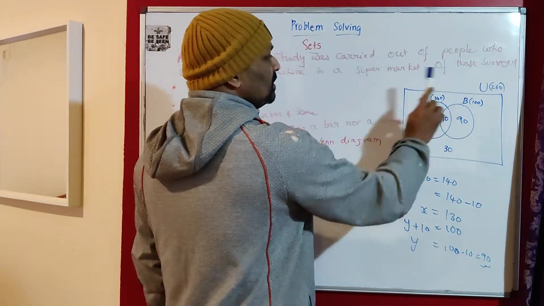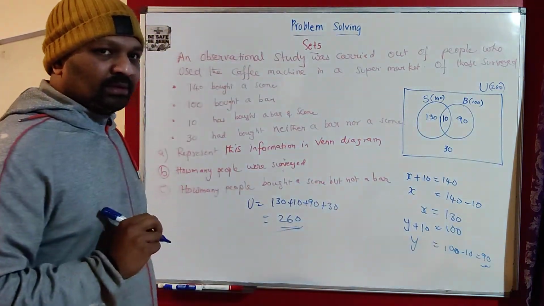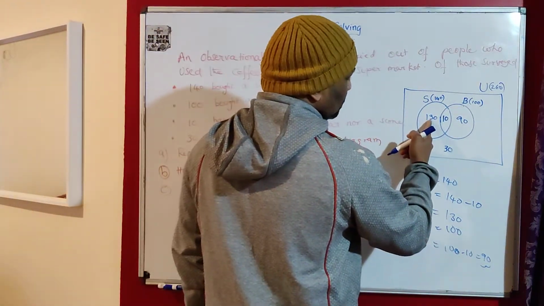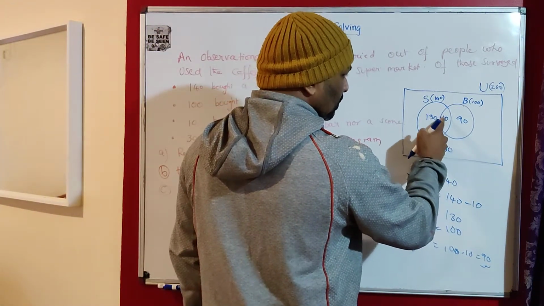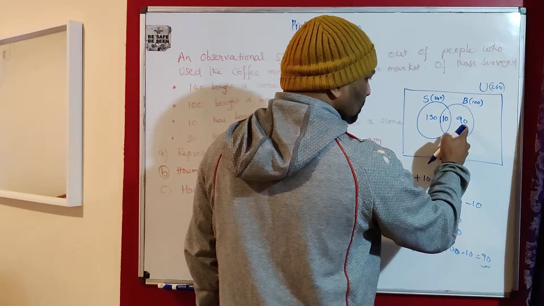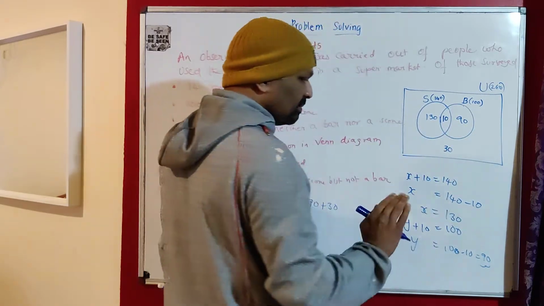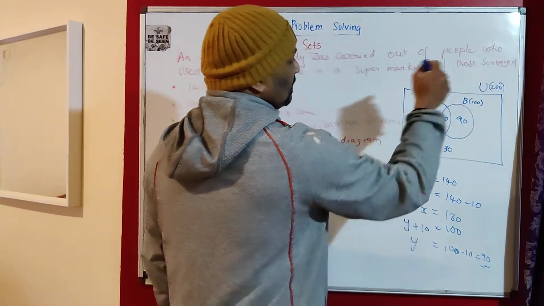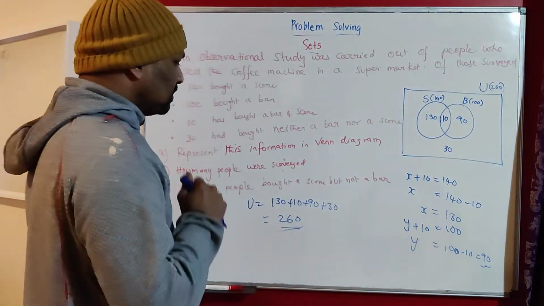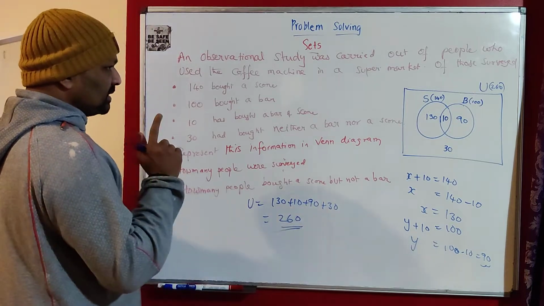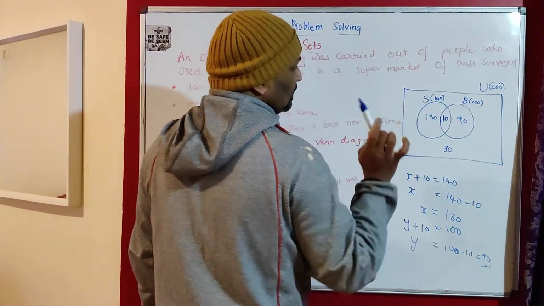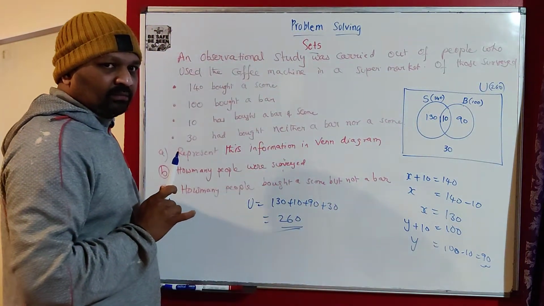That is why you should not use those numbers. But this one, they liked only scone, 130. 10, they liked both scone and bar. 90, they purchased only bar. 30, they did not buy anything. So the sum of these should equal the universal set, which is 260. Now the Venn diagram is complete because we filled everything.